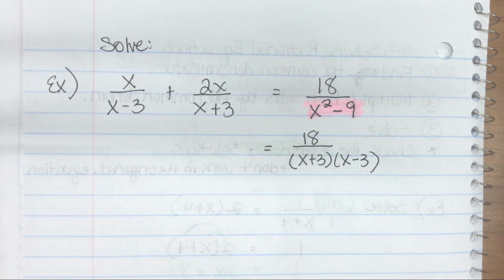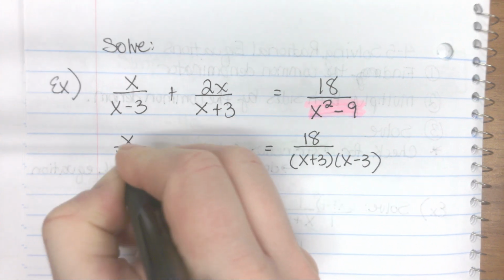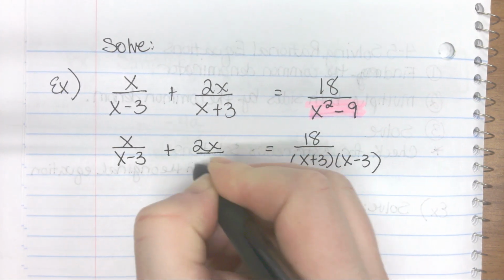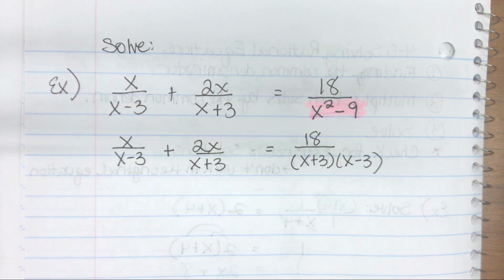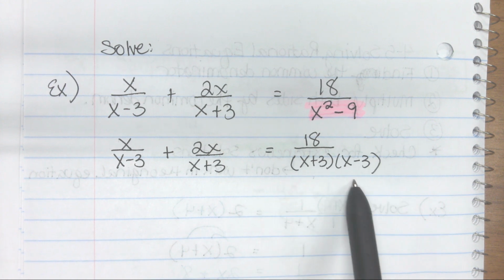I'm going to just drop these down from the side. This time the common denominator is both x plus 3 and x minus 3.